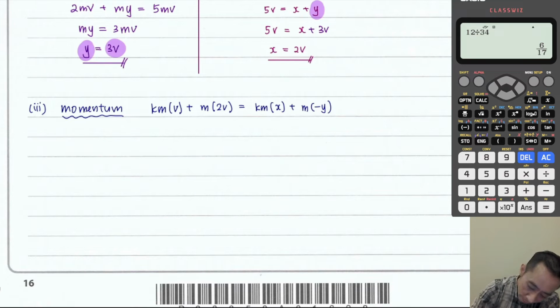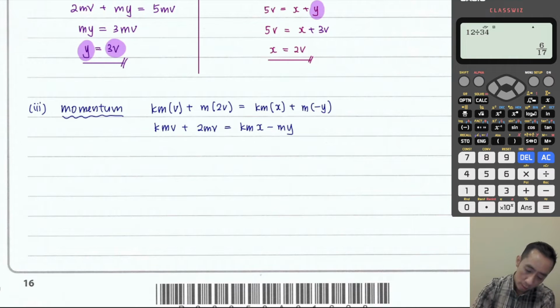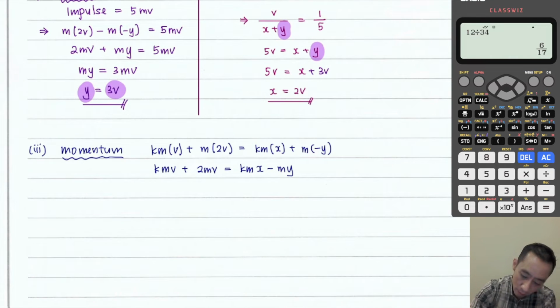So here we have kmv plus 2mv equals kmx minus my. In part 1 and part 2, we found x and y. So y is 3v, x is 2v.